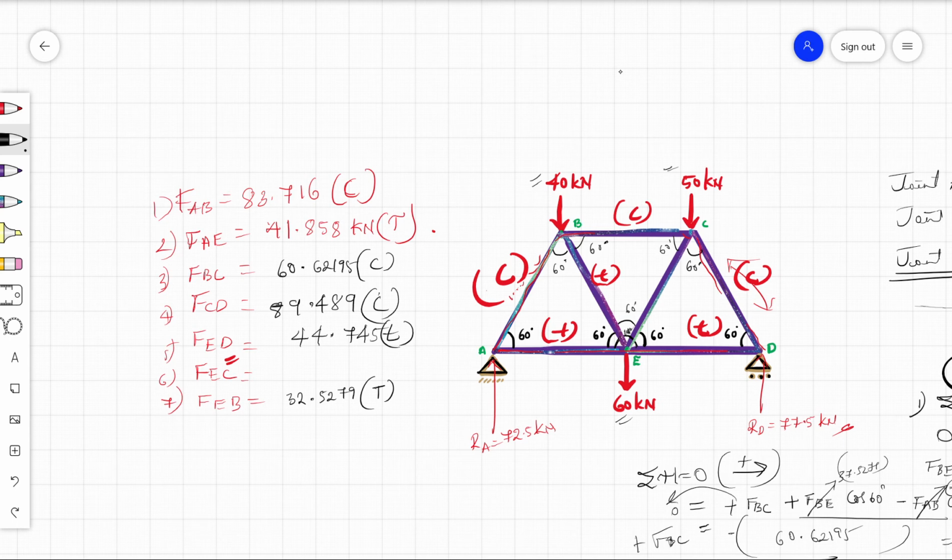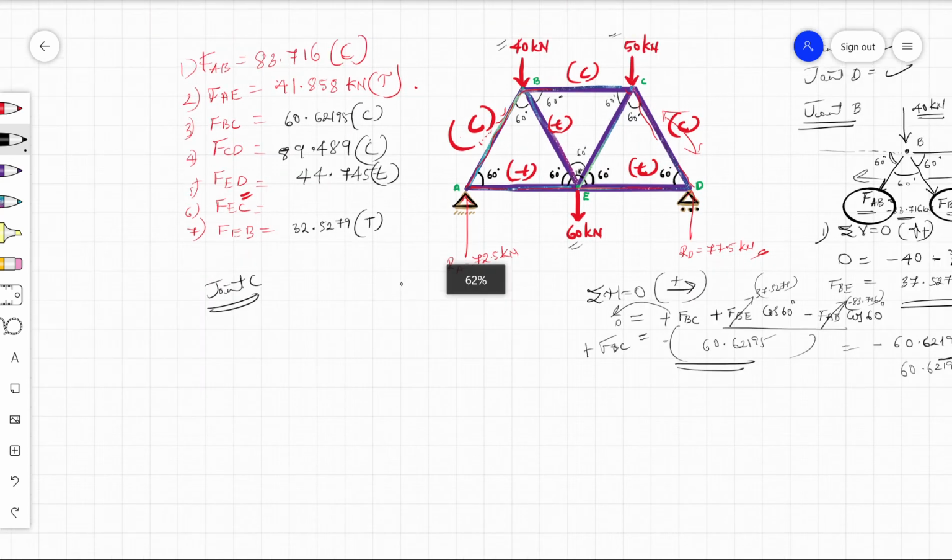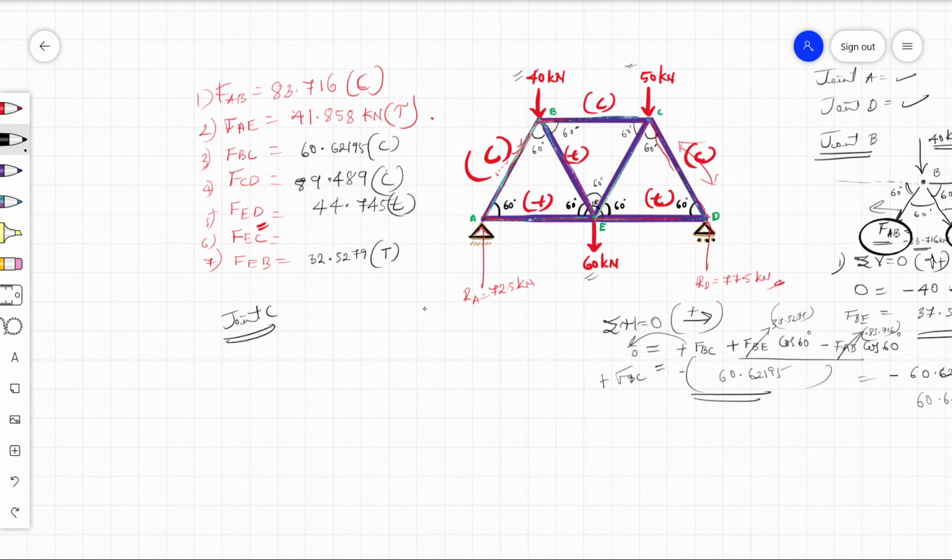I think we can take joint C itself. If I take joint C, you see it clearly. This is C. There is an external load of 50 kilonewton.